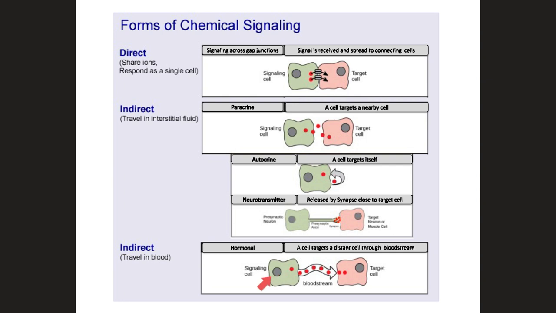So the signal comes from the signaling molecule and goes into the blood, and then through the bloodstream it's delivered to the target cell. And usually when a signal enters into the bloodstream and goes to a distant location, we call these signaling molecules hormones. So that's why this is hormonal signaling.